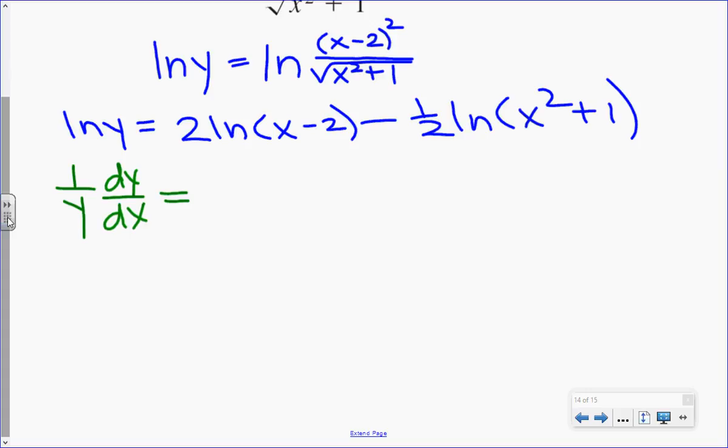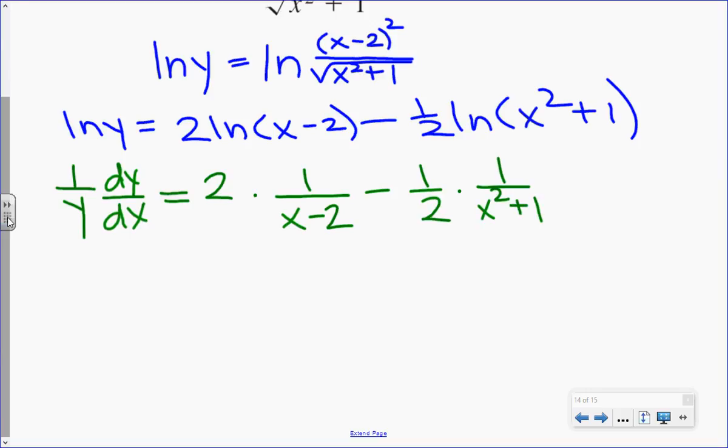The derivative of 2 times the natural log of x minus 2 would be 2 times the derivative of the natural log of x minus 2. Minus 1/2 times the derivative of the natural log would be 1 over what's inside times the derivative of what's inside.